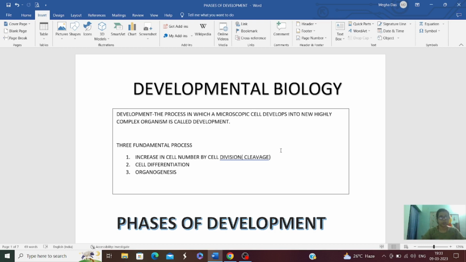But for a cell to develop into a proper, complex multicellular organism, there are certain stages it has to go through. What are these phases of development? Let's understand. Each phase we will discuss in detail in the upcoming videos, but first we are going to discuss overall what phases a cell has to undergo to become a fully fledged multicellular organism.